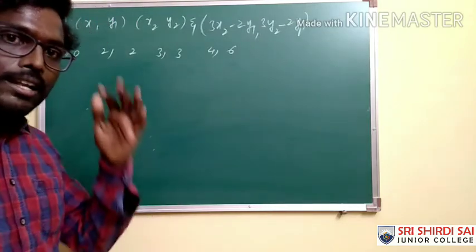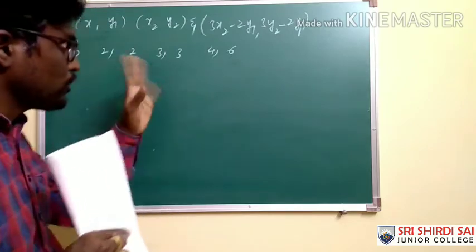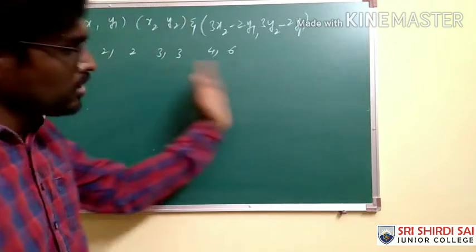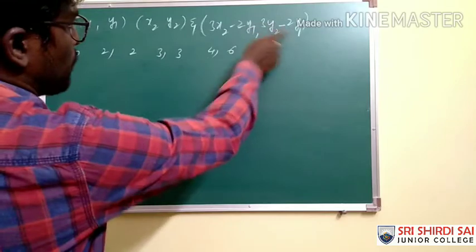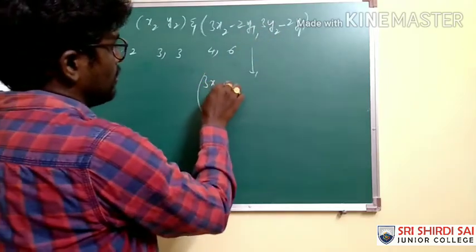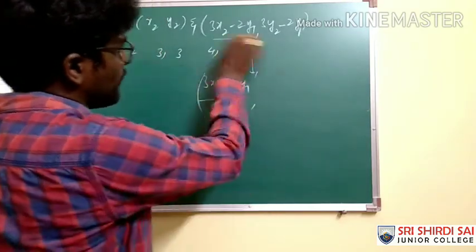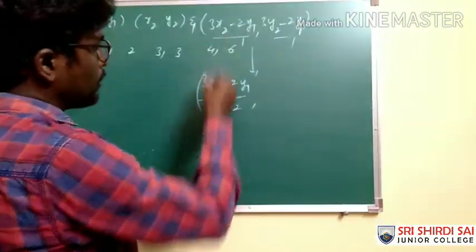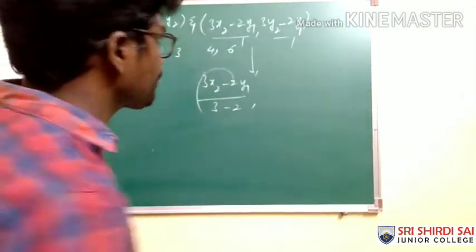Here we are talking about the area of the triangle formed by these three coordinates. Very logical problem it is. Generally what immediately we do, we'll be using any of the formulas we have learned so far, but not required. If you see the coordinates properly, the third coordinate I can write something like 3x2 minus 2y1 by 3 minus 2, because by 1 nothing is there, in the sense we can write by 1. Therefore that denominator I am writing as 3 minus 2, because here we have the numerator in terms of 3 and 2.